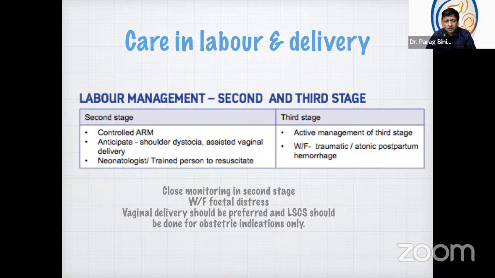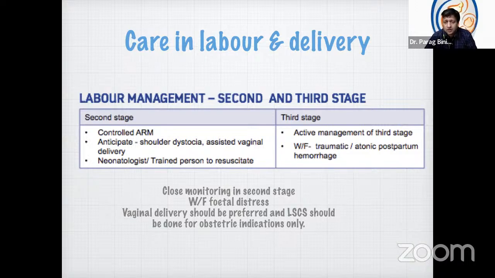We should do close monitoring in the second stage and watch for fetal stress, because second stage stillbirth is a known entity, and we really have to be very, very careful when we are attempting a vaginal birth in these women. And of course, vaginal delivery should be preferred, and LSCS is to be done only for obstetric indications.